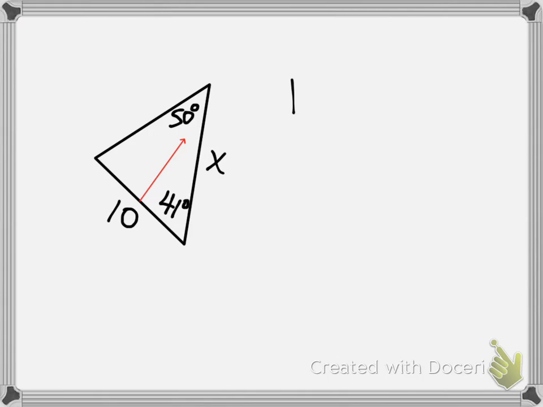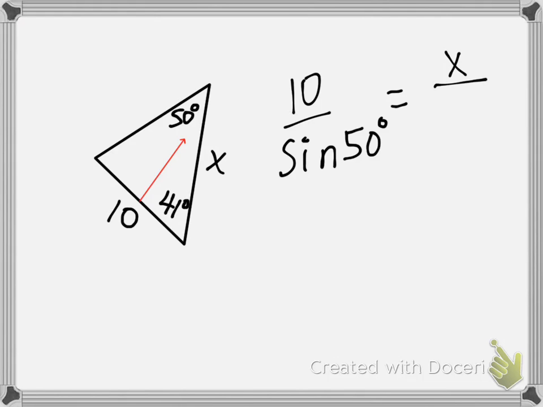We'll put 10 over the sine of 50 degrees is equal to, and we do have the x, and you don't see the angle opposite of it, so you do have to, once again, use the fact that the sum of the interior angles of a triangle is 180 degrees.